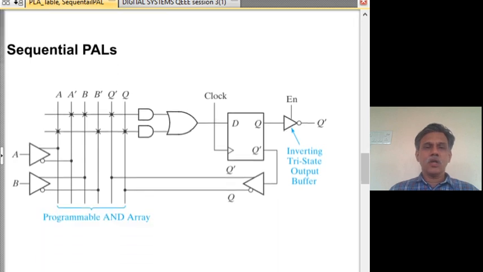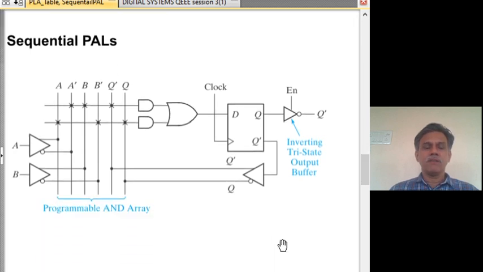Suppose imagine you have a sequential machine which has only one state variable or two possible states, which means only one flip-flop is required. It has two inputs, call them A and B, and there can be one output. Here we do not use it.